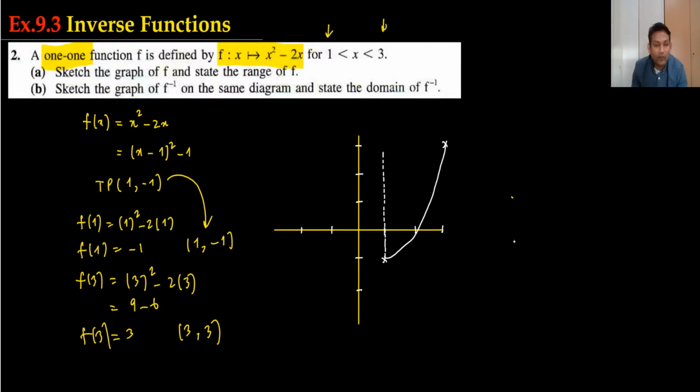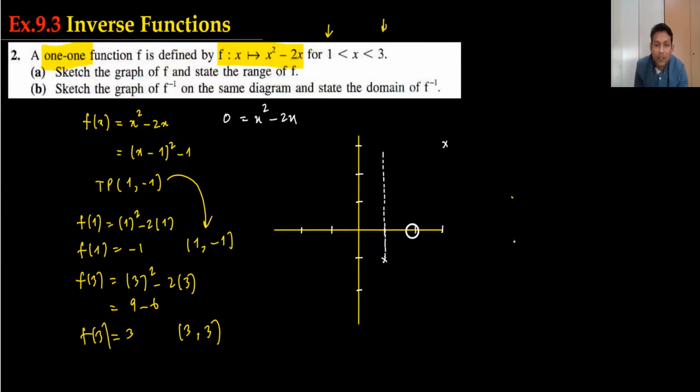And if you want to get the coordinate where it intersects the x-axis, you can do one thing. It's optional. On the x-axis, y is 0, so I will write 0 equals x square minus 2x.